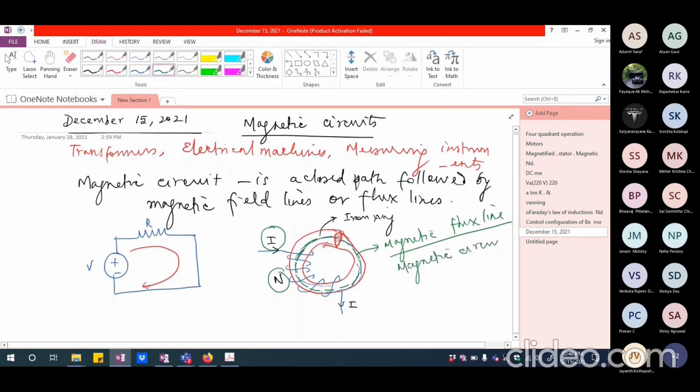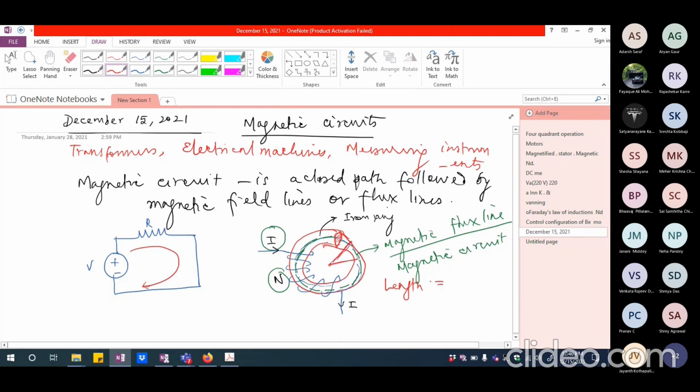If I'm talking about the length of the magnetic circuit here, it is essentially the length of this magnetic field line. For the inner circumference of this ring, it will be 2 pi r, where r is the inner radius. For the outermost line, it will have the outer circumference or outer radius.